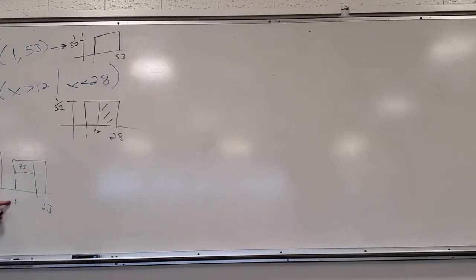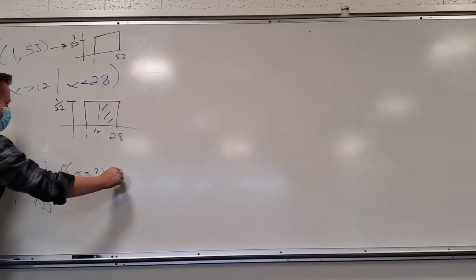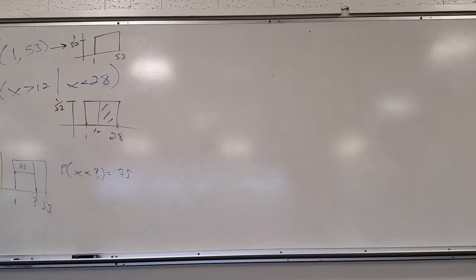And of course, it's from 1 up. So it's the reverse. It's kind of like asking you, what would this have to be so that this area is 75%? I really want this to make sense. So I know the height. I just got to figure out the length to make the area 75%.